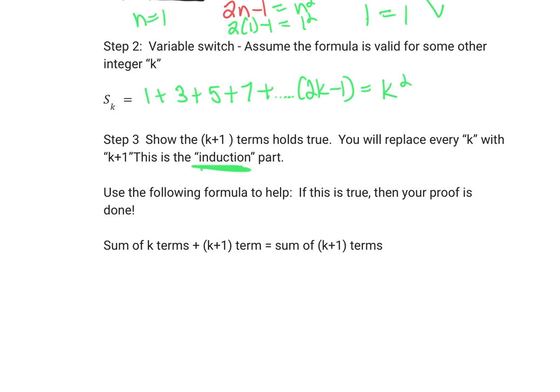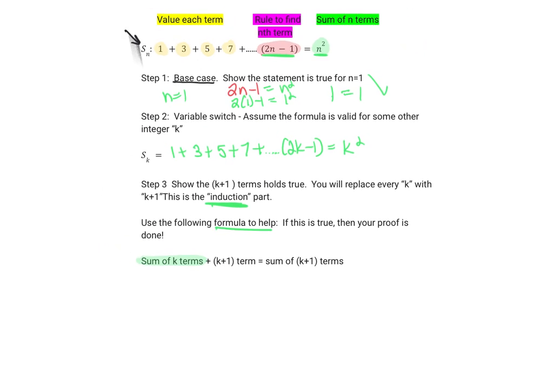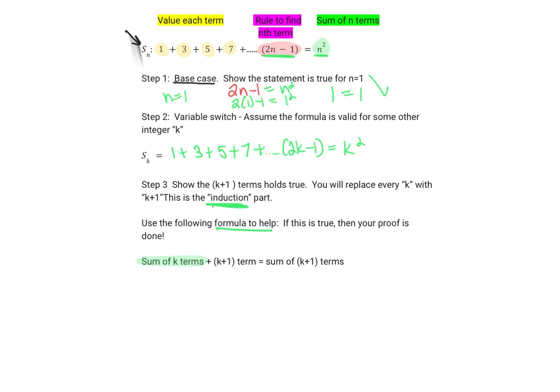And we're going to use the following formula to help us out, okay? So the sum of k terms, let's do a little highlighting here. If we come back up here, highlighted in green all the way at the top, this is the sum of the first n terms. However many terms we have in our list, if you add them together, you would do n squared, or in this case, k squared, plus the k plus 1 term, okay?